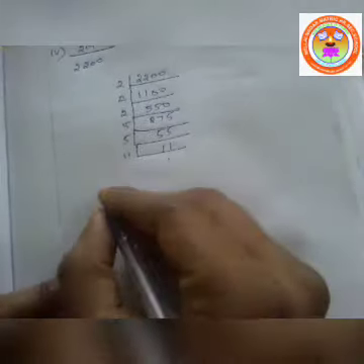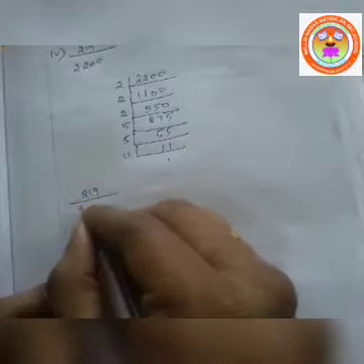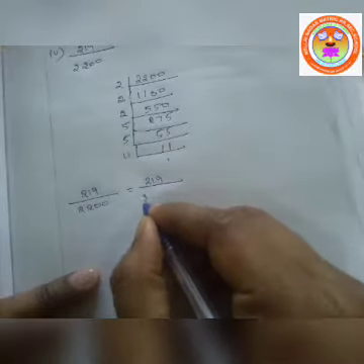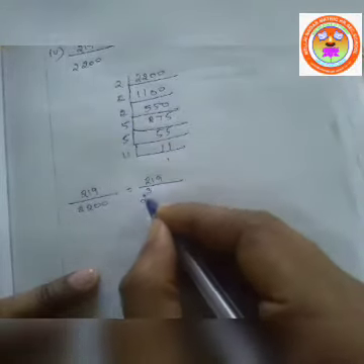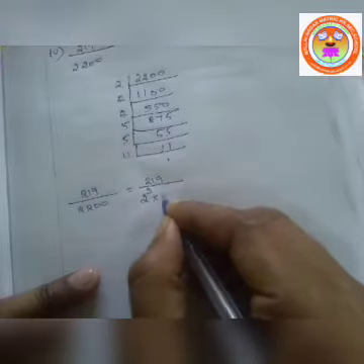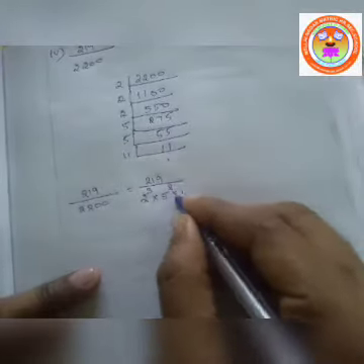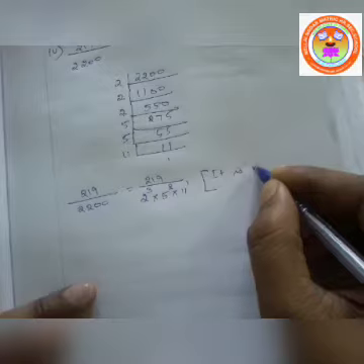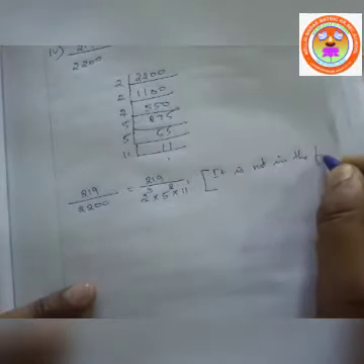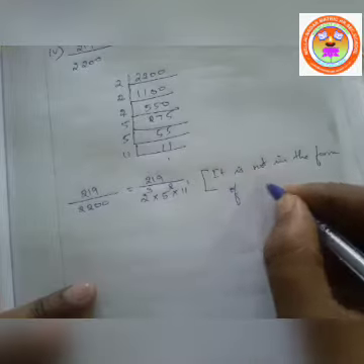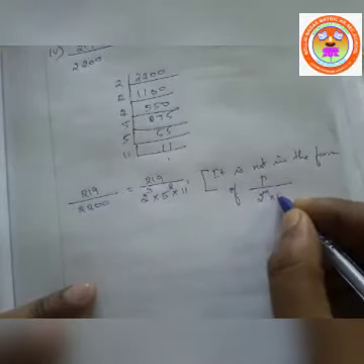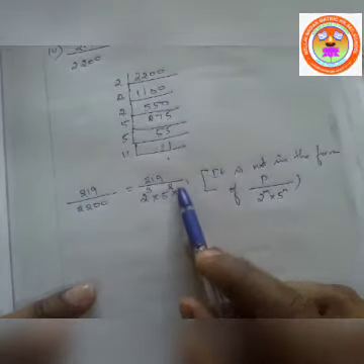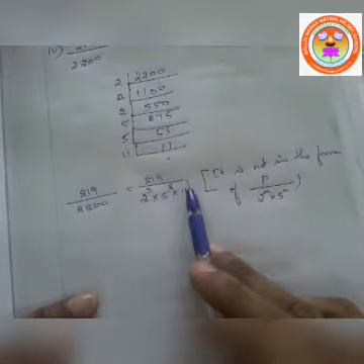So we can write 219 by 2200 as 219 by 2 power 3 into 5 power 2 into 11 power 1. You might have noted that it is not in the form of p by 2 power m into 5 power n. 2 power 3 and 5 power 2 are there, but 11 power 1 is extra.